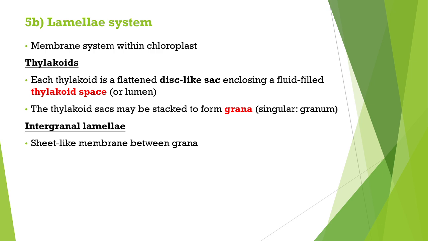The thylakoid membranes also enclose the thylakoid space. So that's the compartmentalization of the thylakoid space, which will then allow for the storage of a high concentration of H+ in the thylakoid space for the proton motive force to be generated.